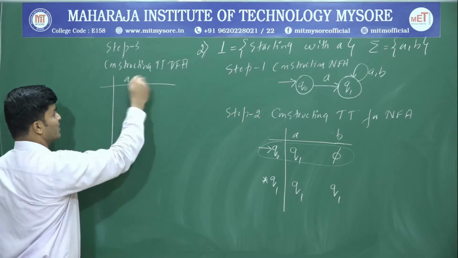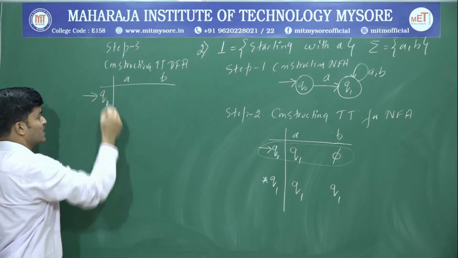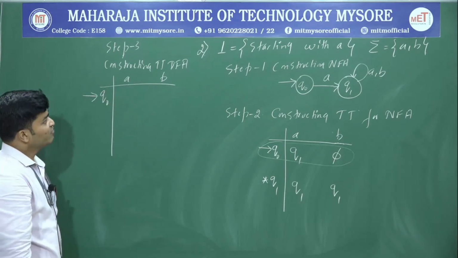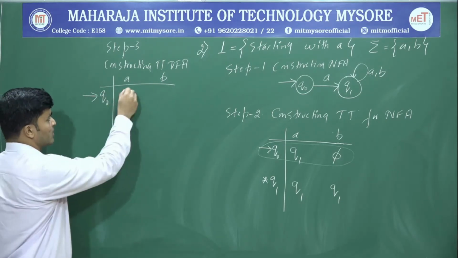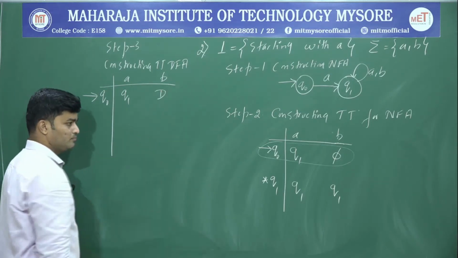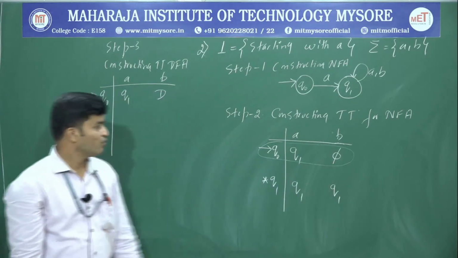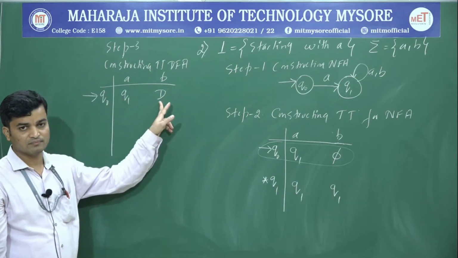You write A and B as it is. Q naught is your start state, so that will become the start state in your DFA. You write Q1 as it is. Instead of phi, you write dead state. So phi in the NFA will become the dead state in the DFA.